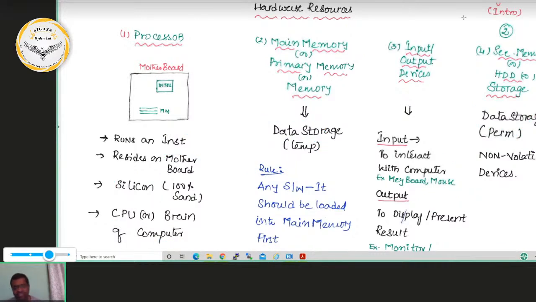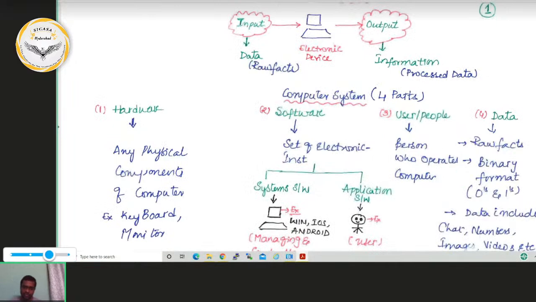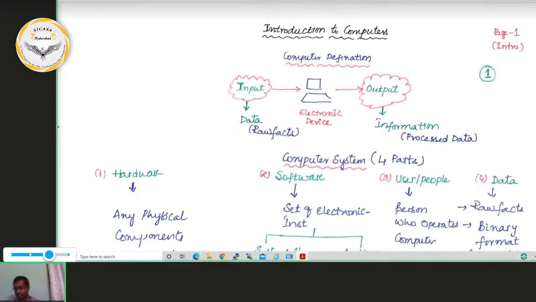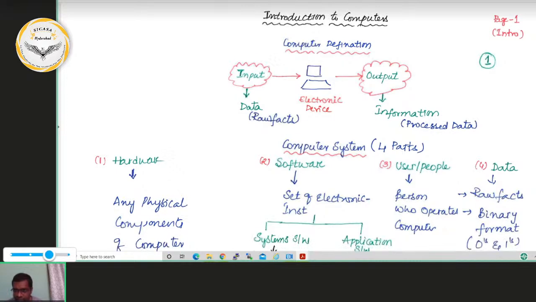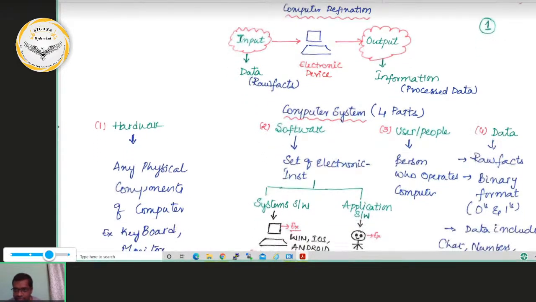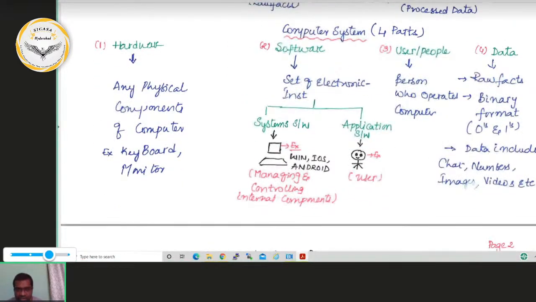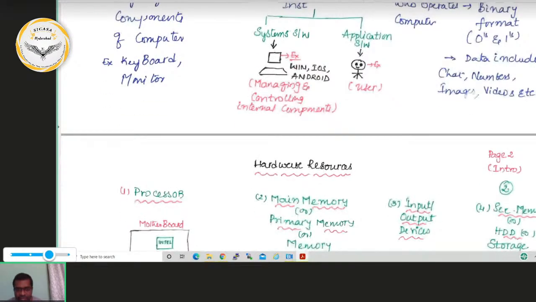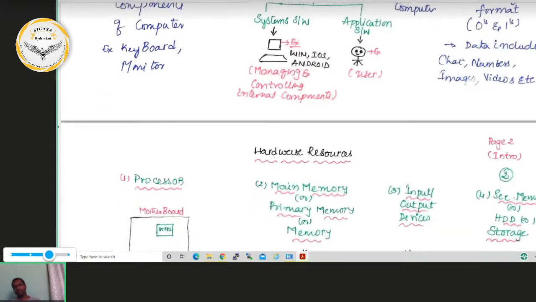So we studied the basic definition of a computer. After that, we studied what a computer system is: it consists of 4 components, hardware, software, user or people, and data. Then we studied the different hardware resources: processor, main memory, input output devices, and secondary memory.